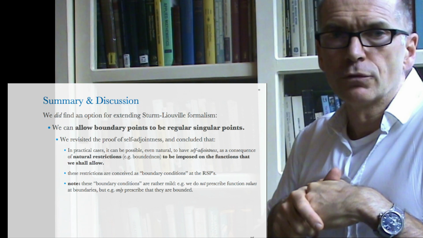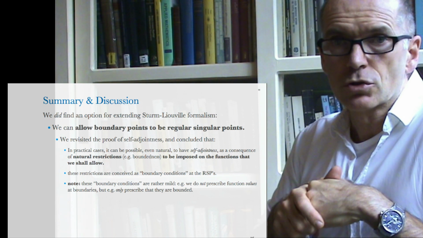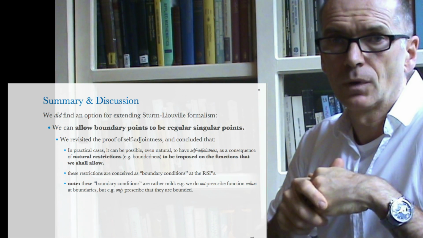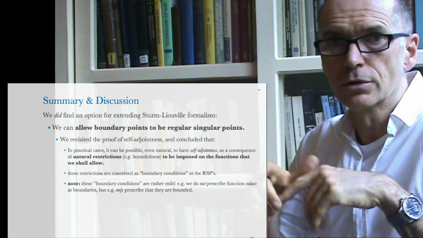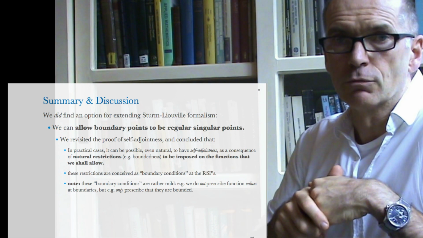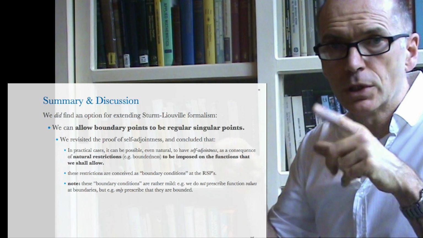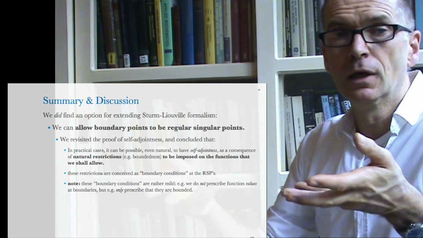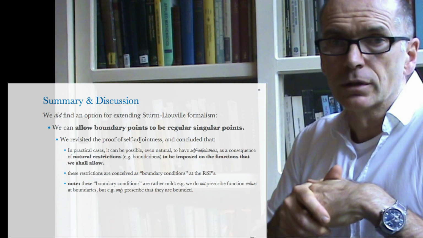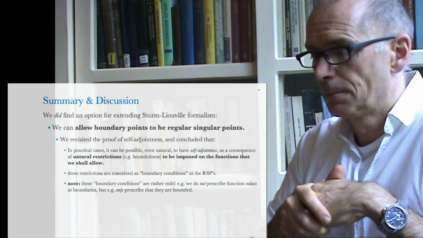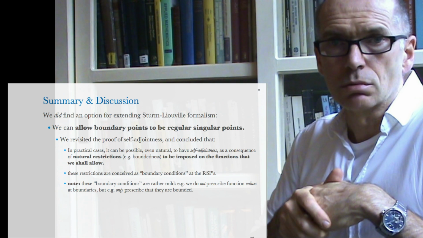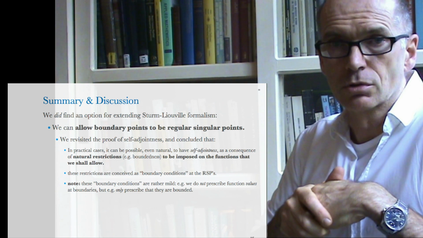Now, in the context of the formalism, the restrictions are conceived as boundary conditions at the regular singular points of the differential operator. So the points at which you impose the conditions emerge very naturally from the differential operator that we are working with. The conditions themselves also are natural, as I just discussed.